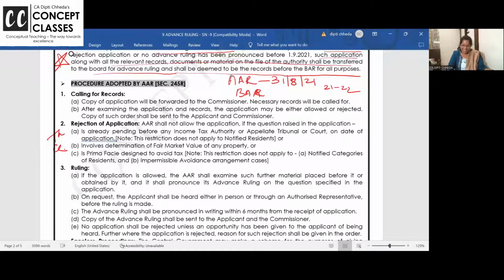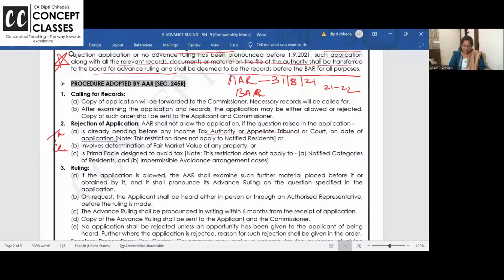So AAR shall not allow the application if the question raised in the application is already pending before ITAT, except PSUs. In PSU cases, even if it is pending with ITAT, they can go. In other cases, if they are pending with ITAT, they cannot go for advance ruling because they are working at par. ITAT and the advance ruling authority with two commissioners are working at par.